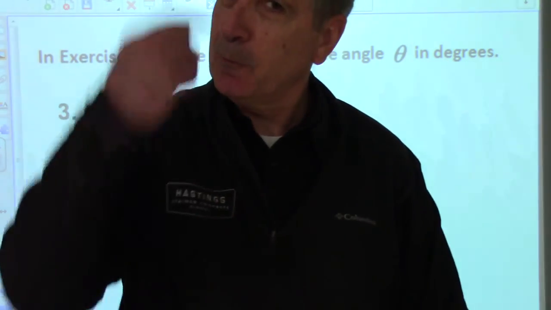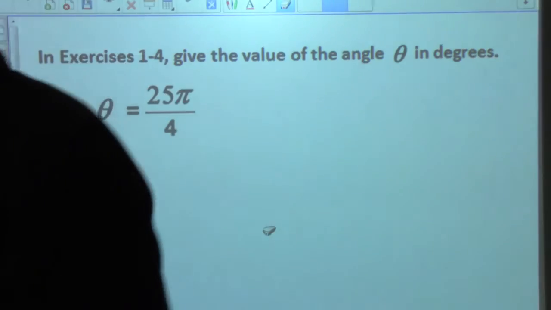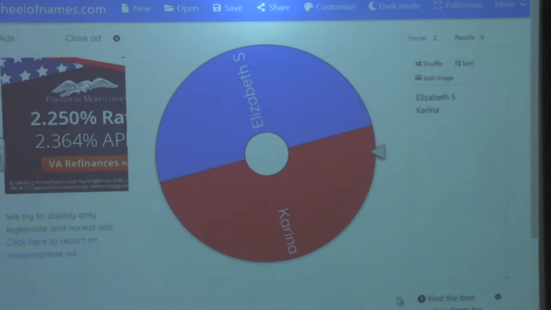Very good. Okay, that's the arithmetic there. So one of the points of this exercise set is you can have angles bigger than 360 degrees. Does that make sense to you? Should, right?